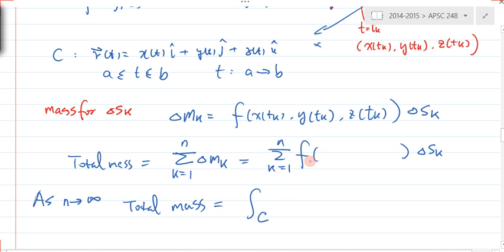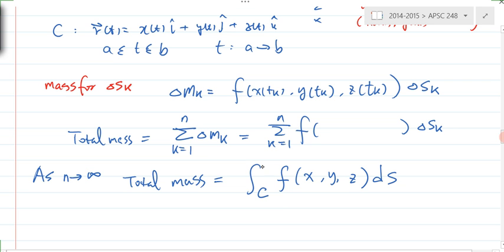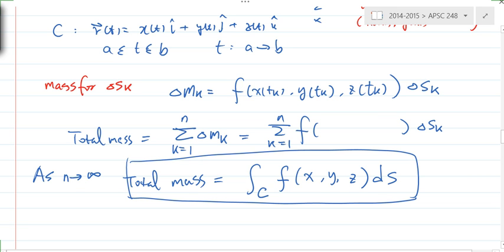We're integrating this function f, and instead of tk we can just use x, y, z, and the delta becomes d, so ds. Now this is basically what we're looking for here.